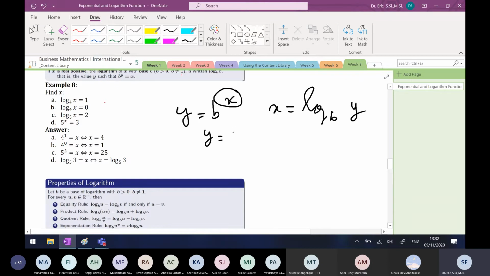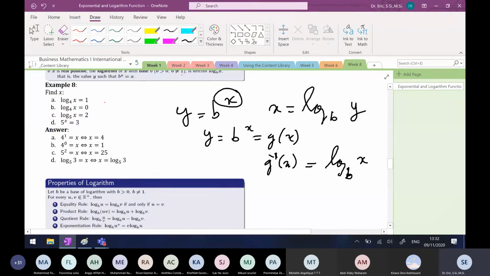If I have y equals g(x) equals b to the power of x, then g inverse x is given by log x with base b.